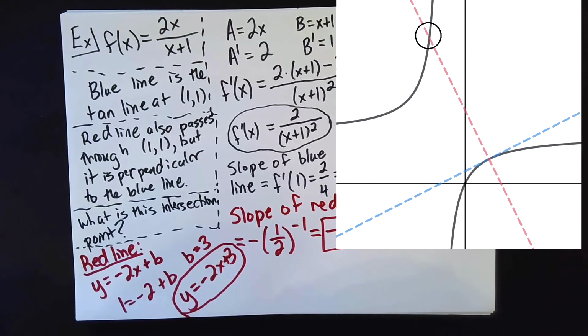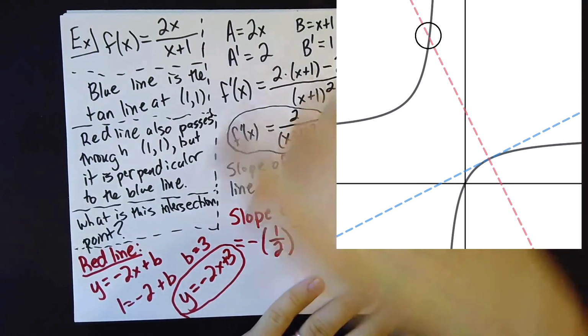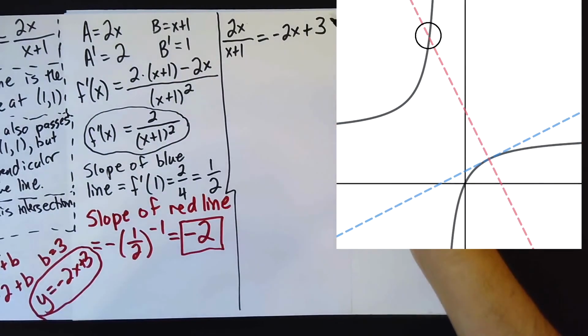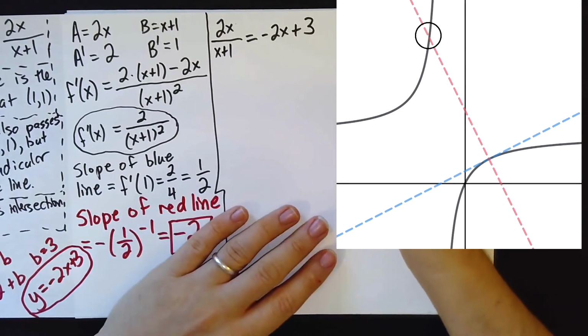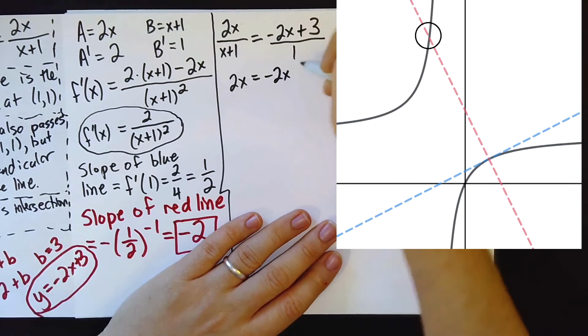And now we're actually almost done, because the thing I'm looking for is the intersection of the graph with the red line. And to find that, I can set the equation of the red line equal to the equation of the graph. And now I can go ahead and solve this equation. So I'll put an over 1 there, cross multiply.